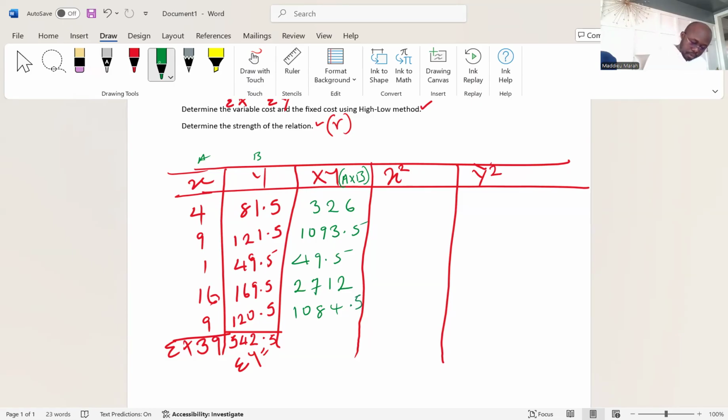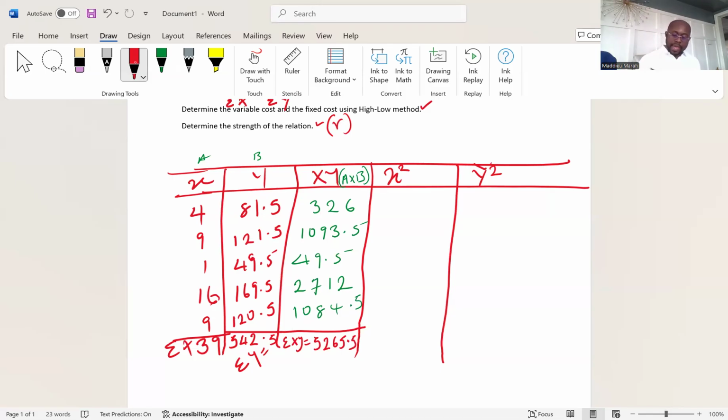Okay, and the same line continues. This would be my sum of XY. Sum of XY is equal to 5265.5.